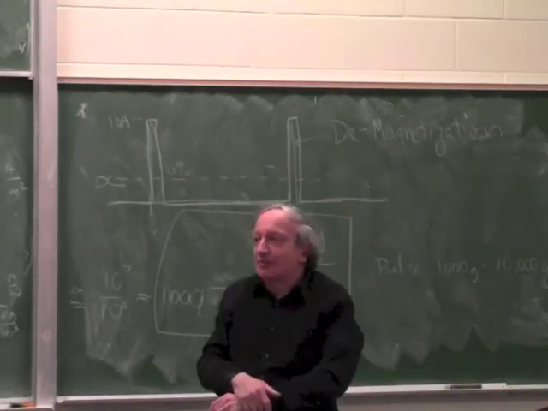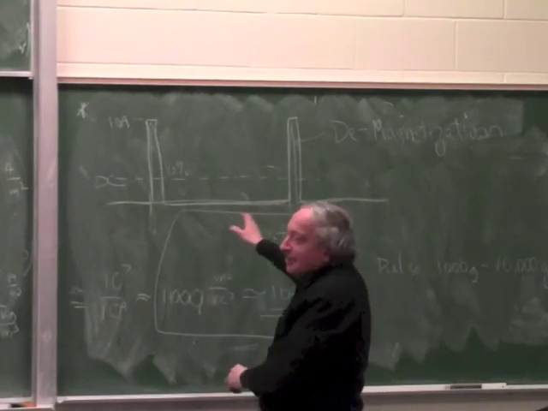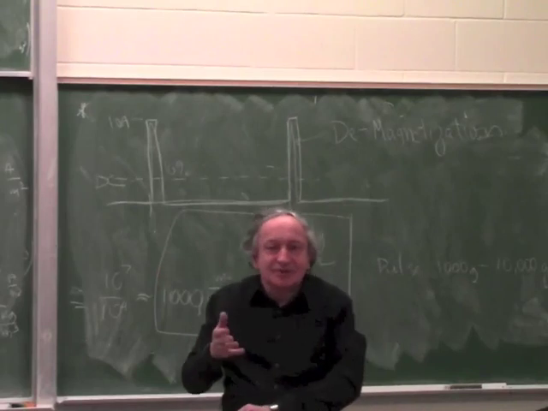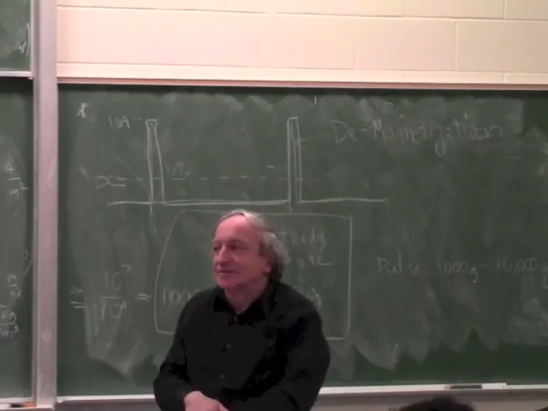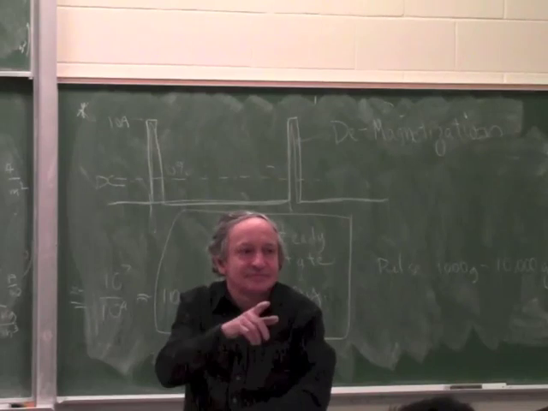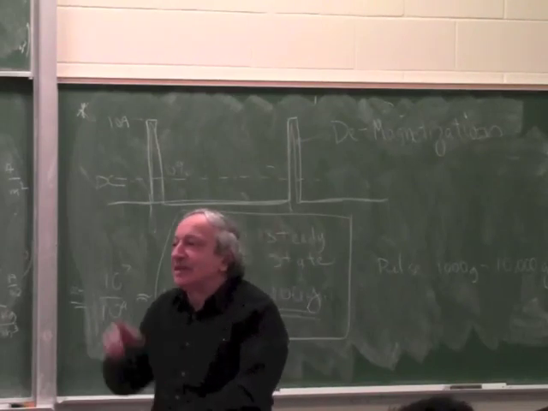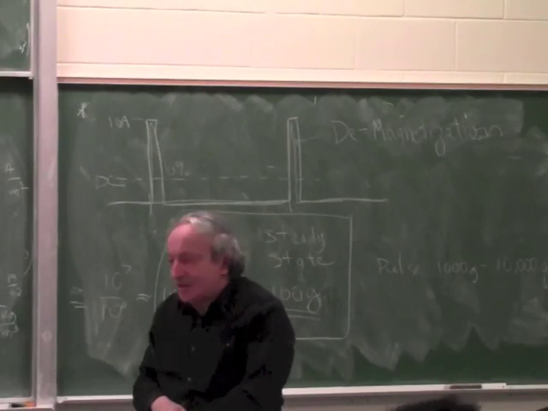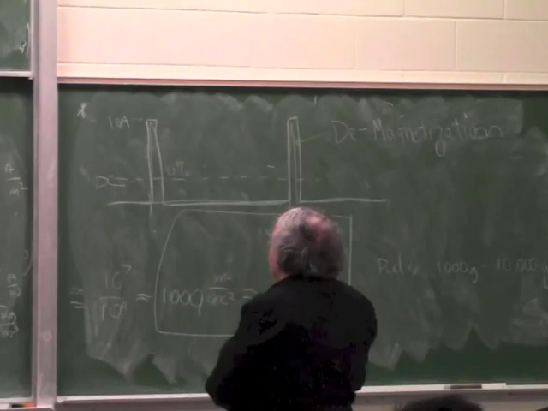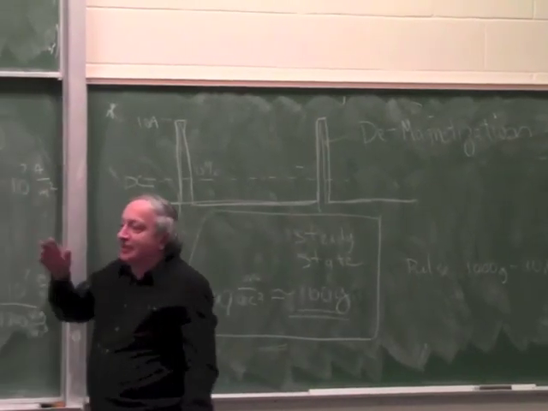A lot of people say 1 amp, because the average of this is 1 amp. But what is the correct answer? Square root of 10? Yes, the correct answer is 3 amp, because the heating is proportional to I squared R, not to IR.